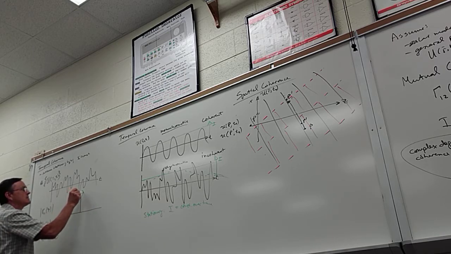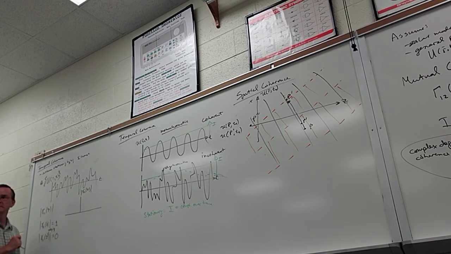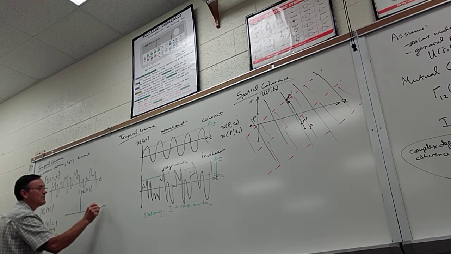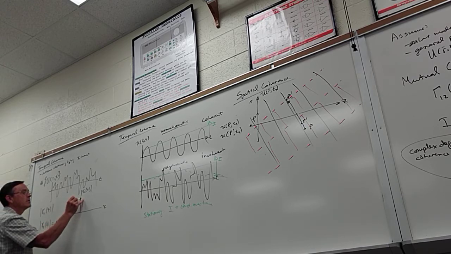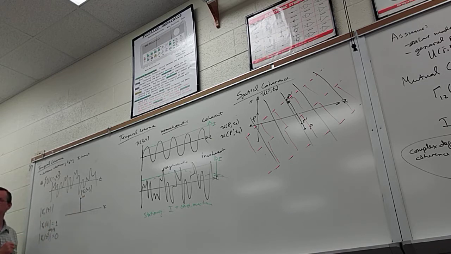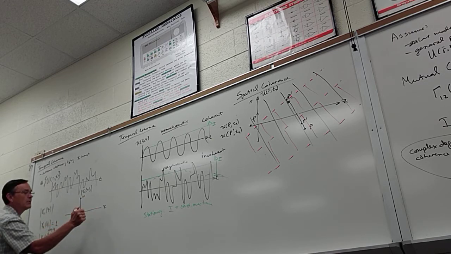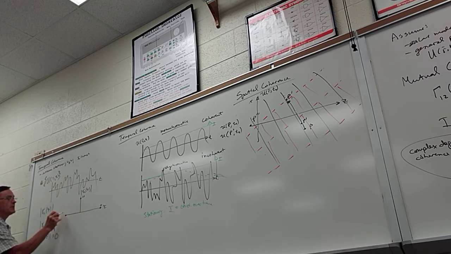If I plot the temporal coherence as a function of tau, I have some data points. I've got this point right here, that's just 1. And when I go way far over here, it's 0. And way far over here, it's 0.